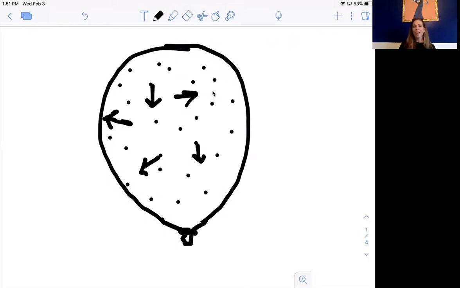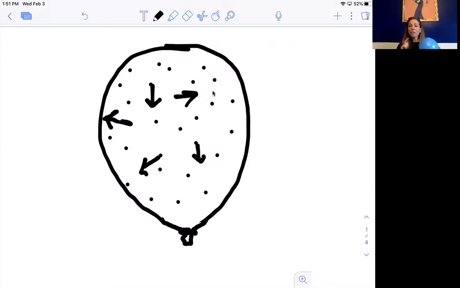every which way. And even though to us this looks like a pretty small balloon, you know that this contains billions upon billions of air molecules. If I were to fill as many dots as I could inside the balloon, I wouldn't even come close to representing the number of air molecules that are actually in here, because there's that many.